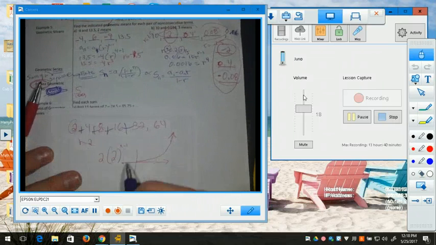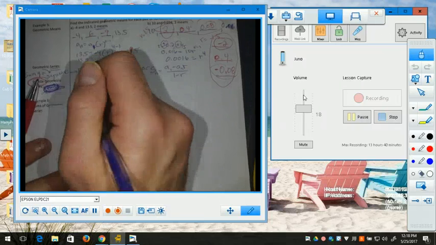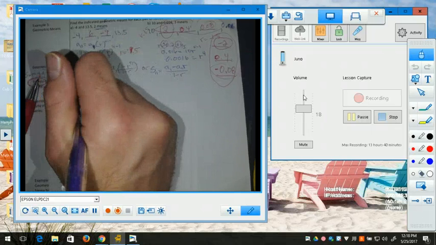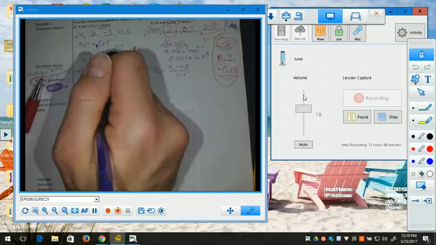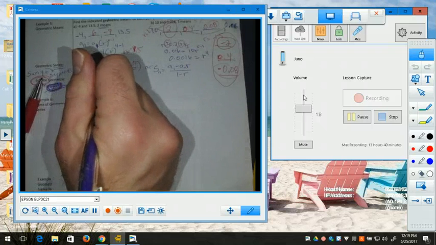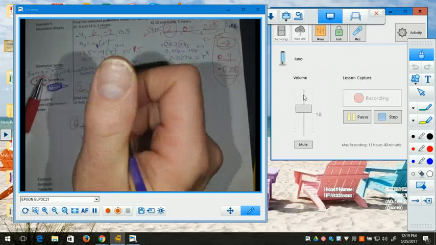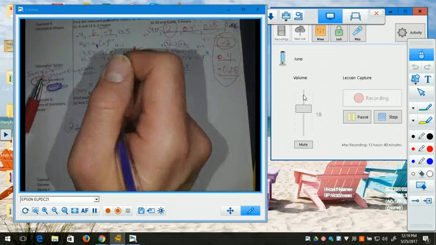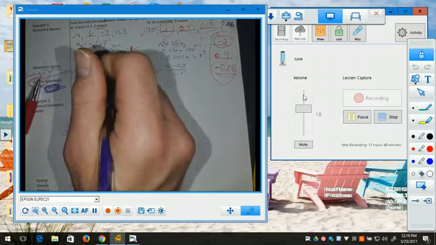So if our R value, notice here it's 2, if it's greater than 1, if R is greater than 1, then there won't be a sum of the infinite series. What you'll have is what I just talked about, the limit.